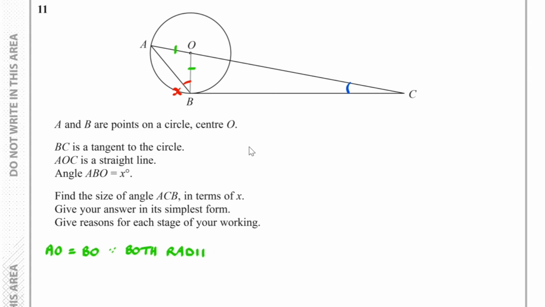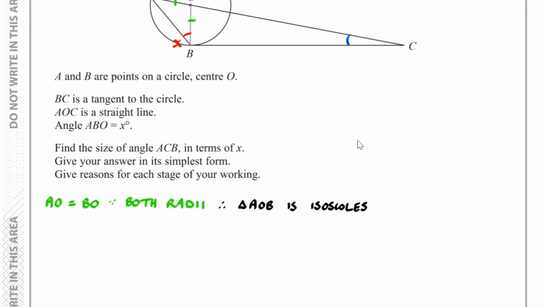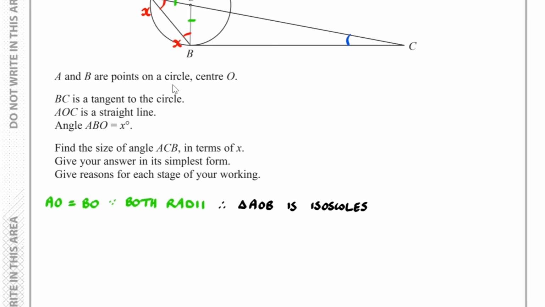Those are equal because they are both radii. We are going from the center to the circumference, that's a radius. And so what we can conclude from here then, the triangle AOB is isosceles. And because of that, the base angles of an isosceles triangle are equal.